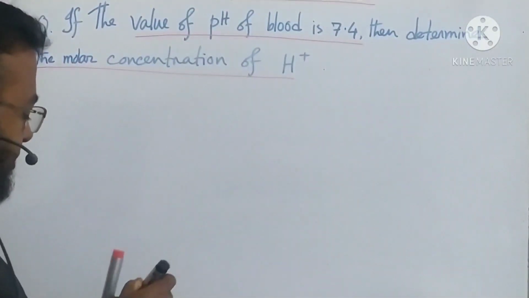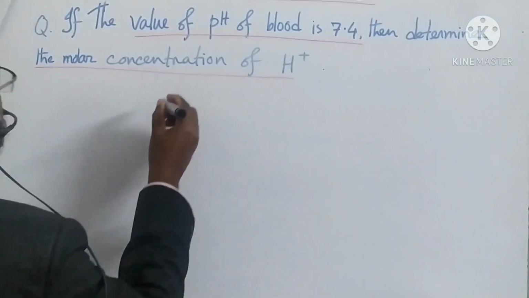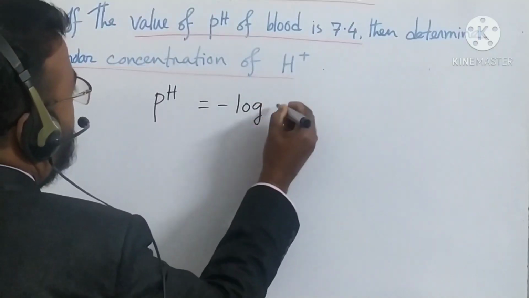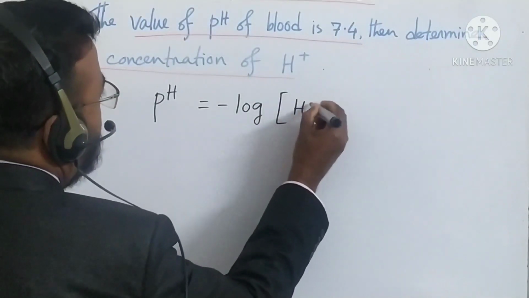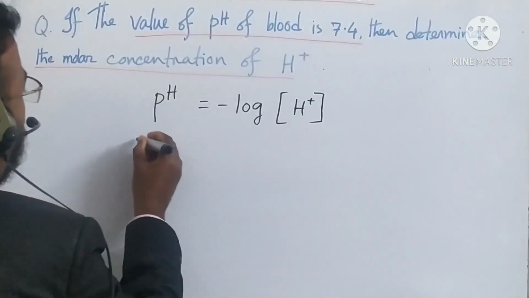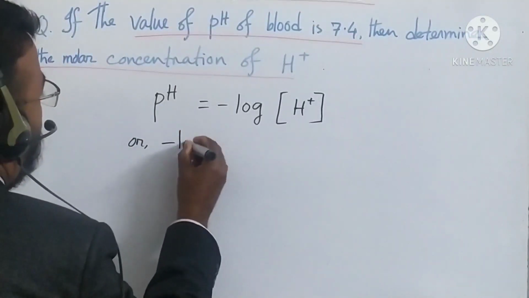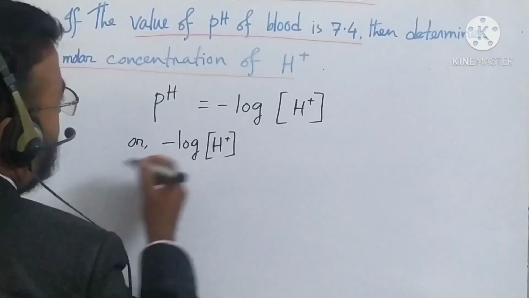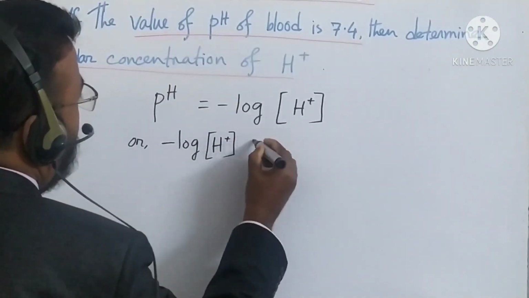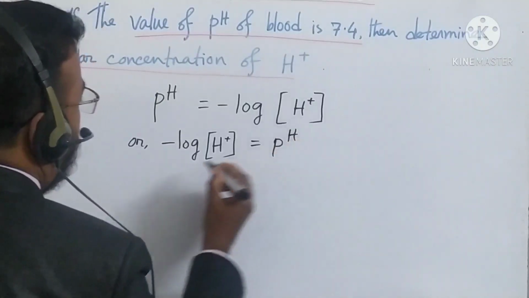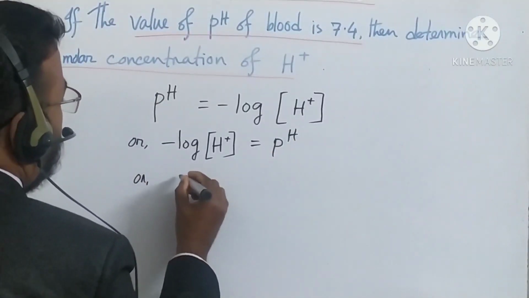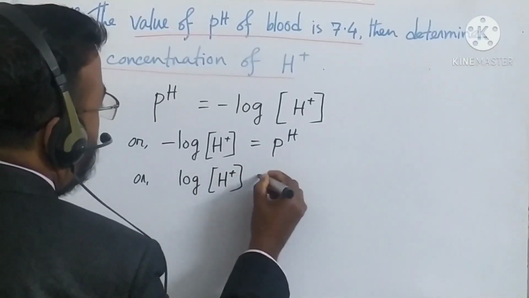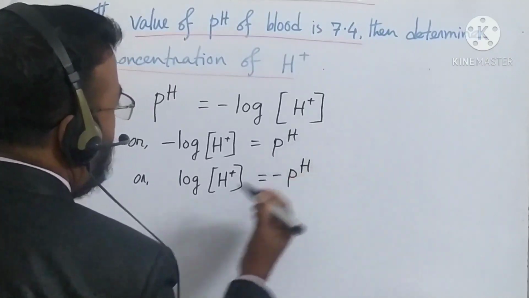So let us start the math. We know that pH equals minus log molar concentration of hydrogen ion. We have to determine the molar concentration of hydrogen ion, so I have written it on the left side. Log hydrogen ion concentration will be minus pH.